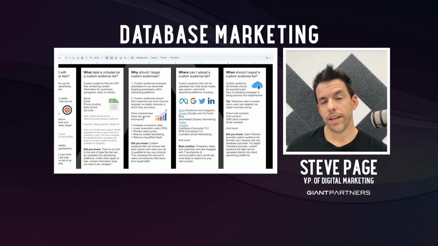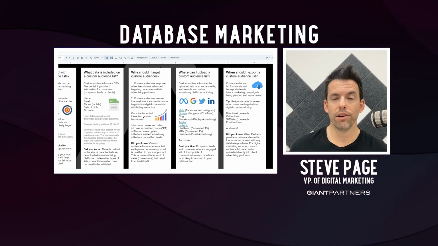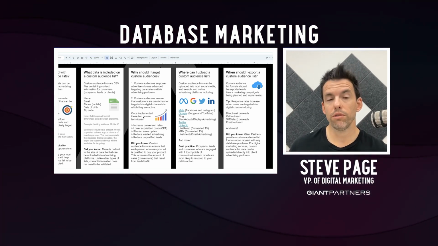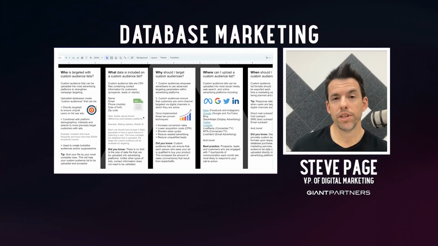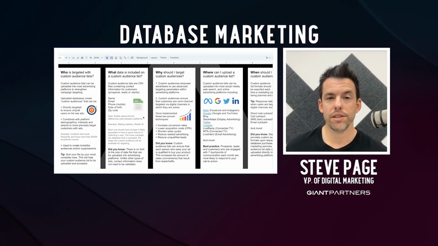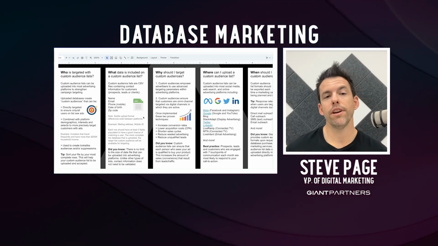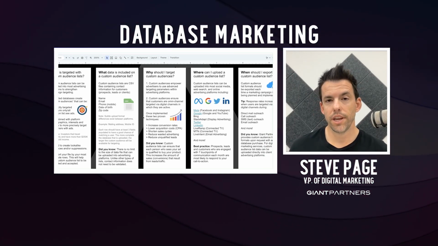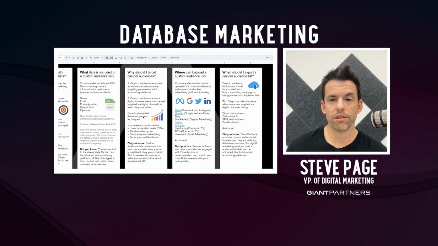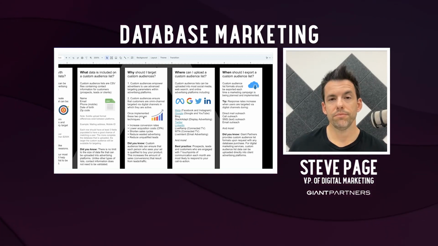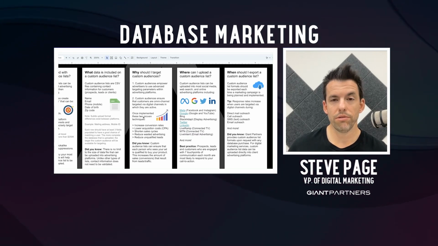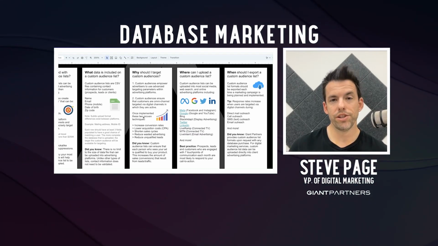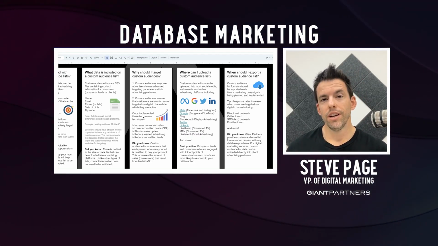You could take some segments off your existing database and target them more, or get more of those people, as well as start back over and see if there's any other segments or audiences that you can create or make a database out of, and then work through the process again to reach them across channels, and then see the results you get. And it's just an ongoing cycle of database creation, iteration, optimization, and so on.